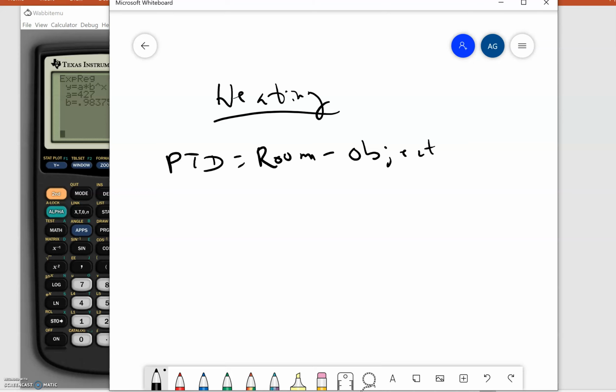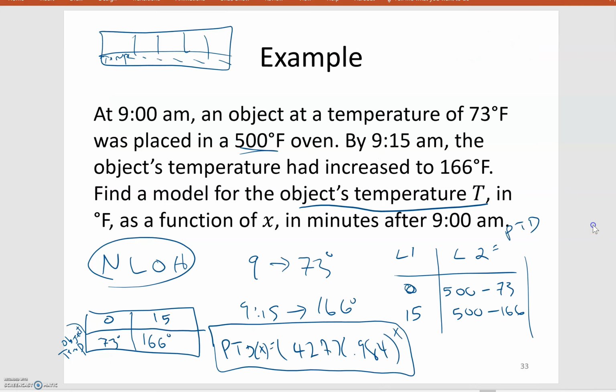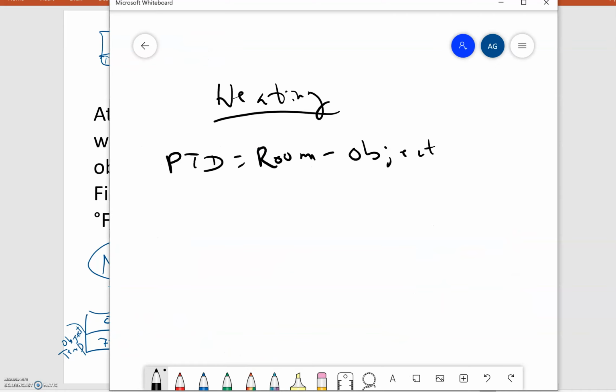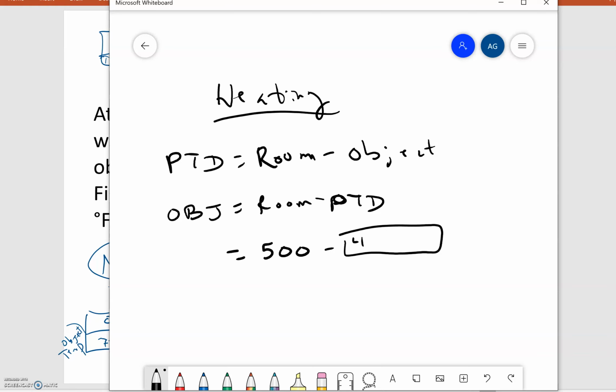That will give us our correct PTD relationship. And then when we solve for the object function, I'm adding this to the other side and subtracting this from both sides, so we end up with room minus PTD, which in our case is going to look like 500 minus this 427 to the x function.